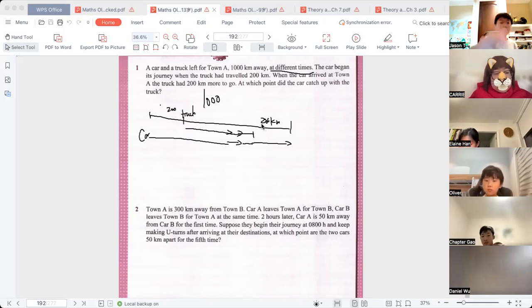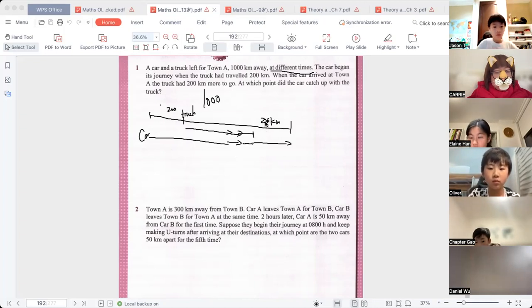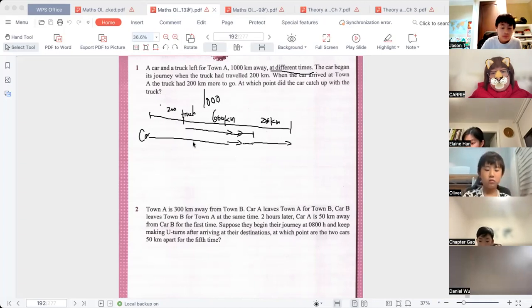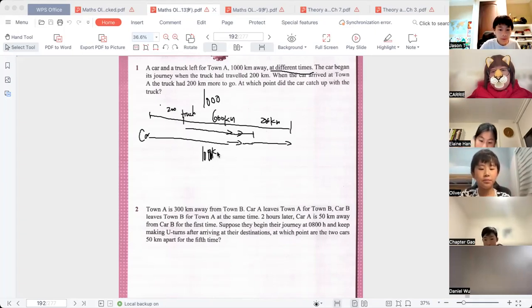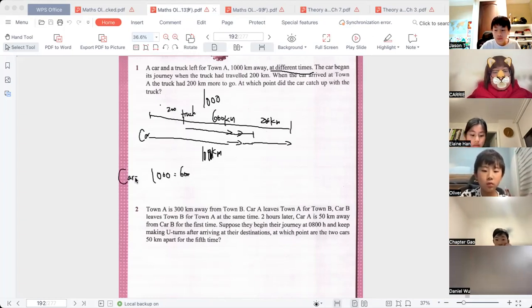So what is the total distance the truck did? 600. Very good. What is the total distance the car did? 1000. Very good. OK, 好了，我们知道了。If the ratio of the distance is 1000 to 600, that's car to truck, can you tell me what is the ratio of the speed?